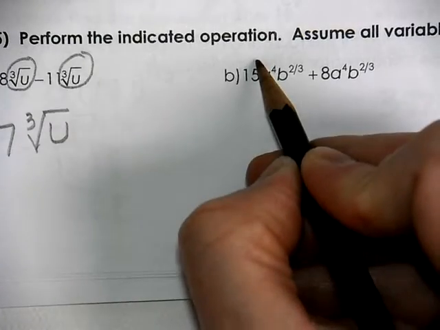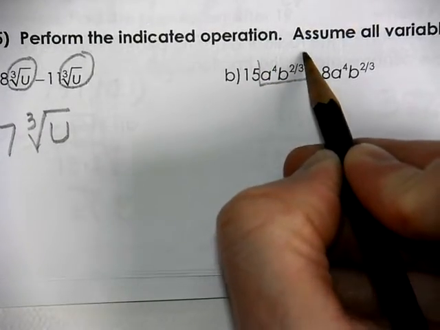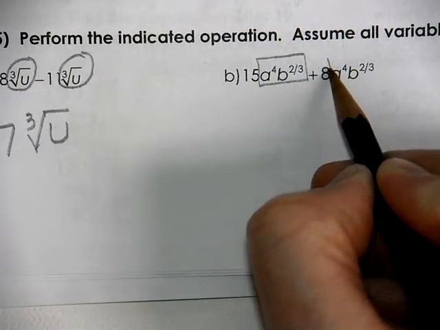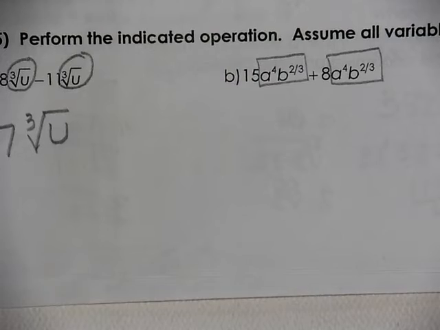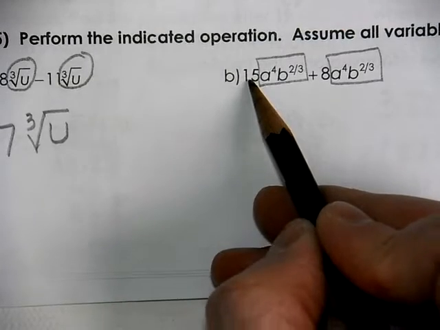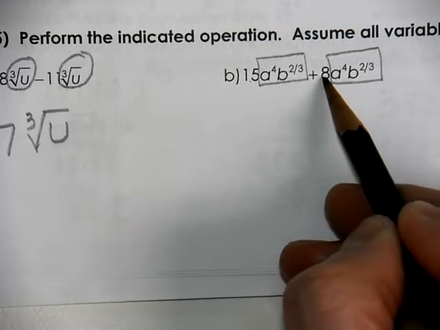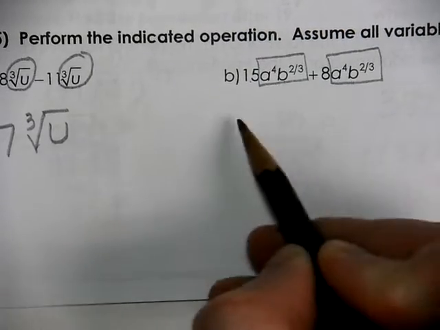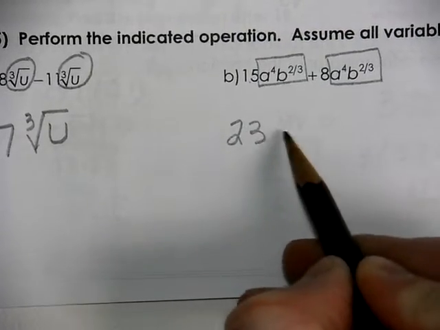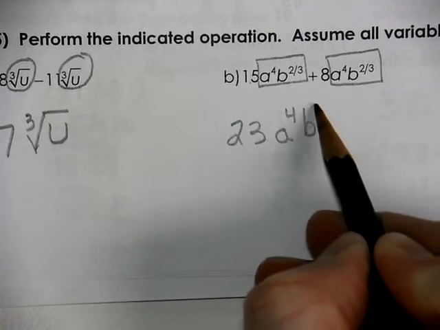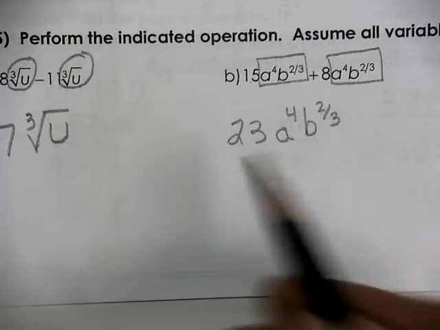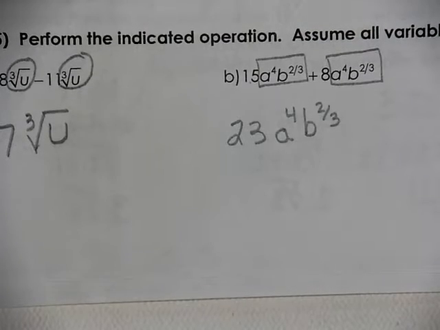And luckily enough, when you look here, these are exactly the same. So I have 15 of this, I have 8 of this, so I have 23 of this.